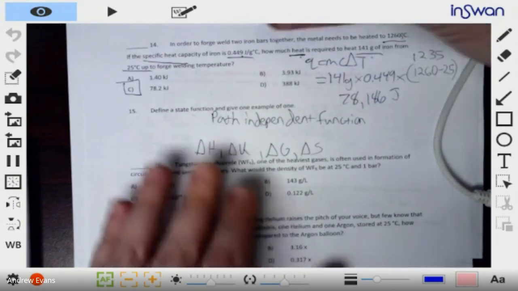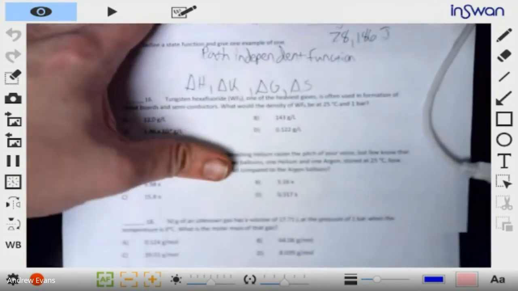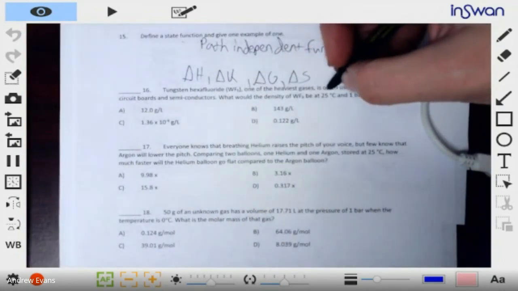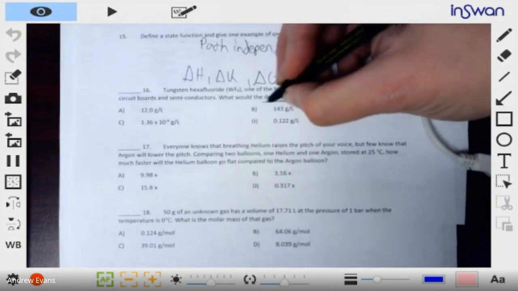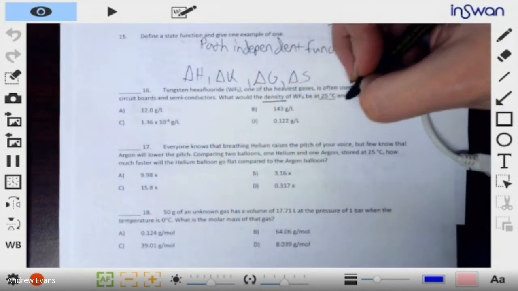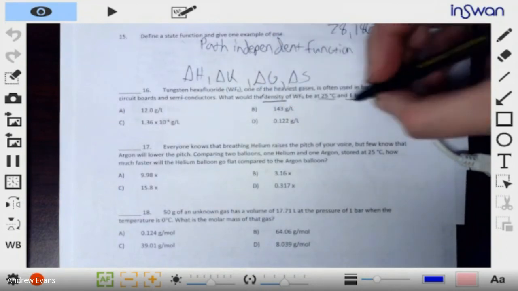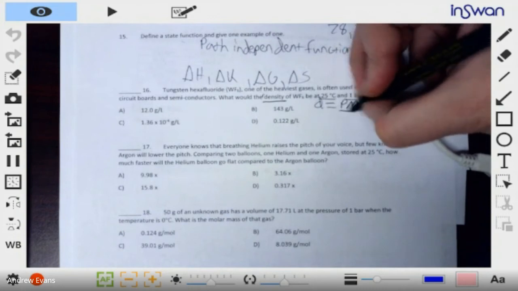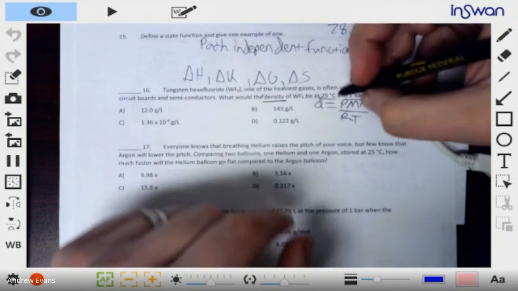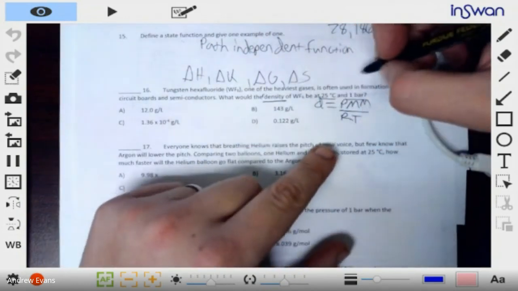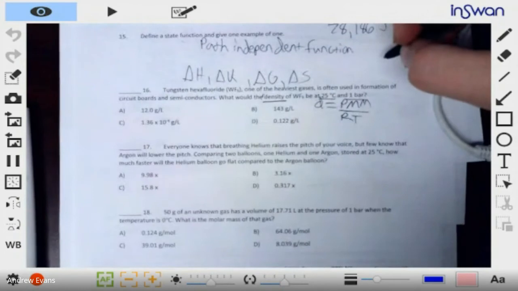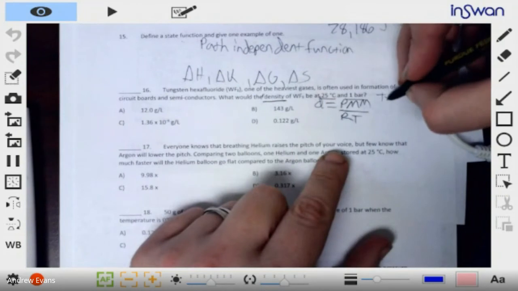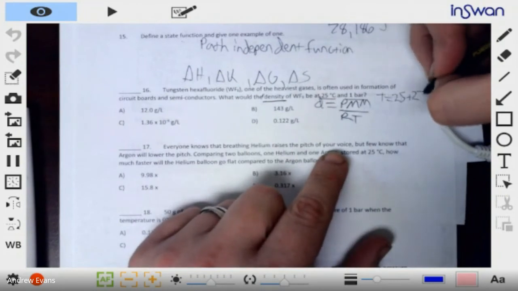Moving on. Last chapter's worth of problems. So the gas chapter. Tungsten hexafluoride, one of the heaviest gases, is often used in forming circuit boards and semiconductors. What is the density of tungsten hexafluoride at 25 degrees and 1 bar? The fact that it's density tells us we need the density equation: density equals P times molar mass over RT. Now, R will always be given. However, what happens if you accidentally use the wrong R? Not much. You usually get the same answer, so don't worry about that. T is 25 degrees, we add 273, so it's 298.